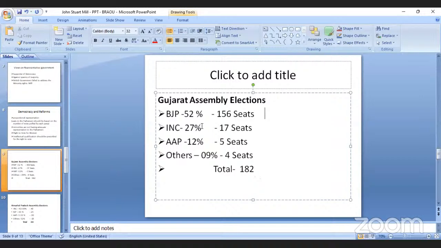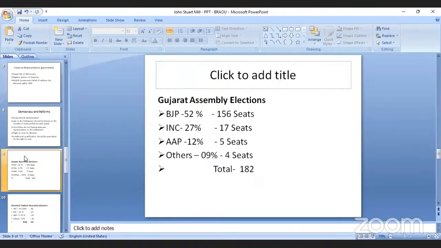Sorry, students, your voice is not clear. Sir, what is the chapter number, sir? Which chapter is it? Unit 9, J.S. Mill. J.S. Mill, Unit 9.